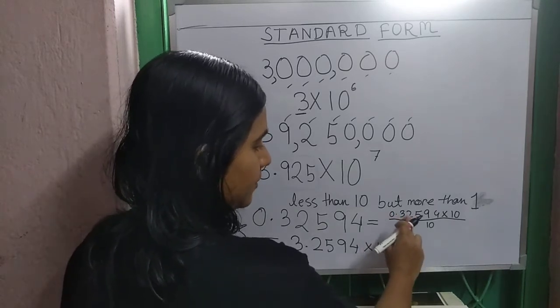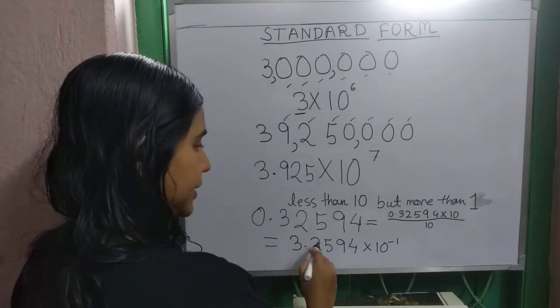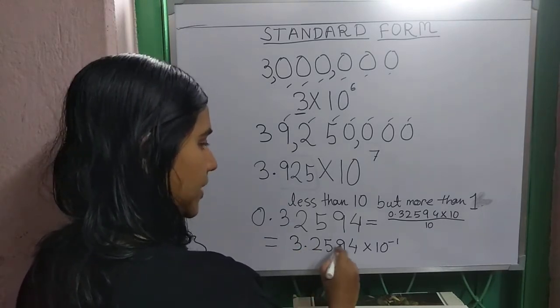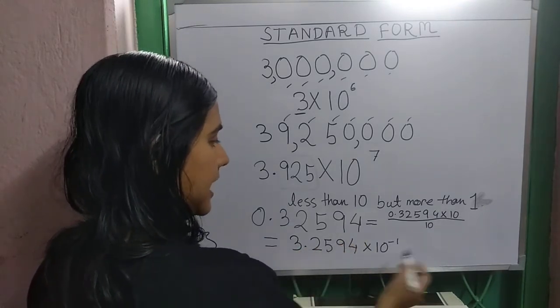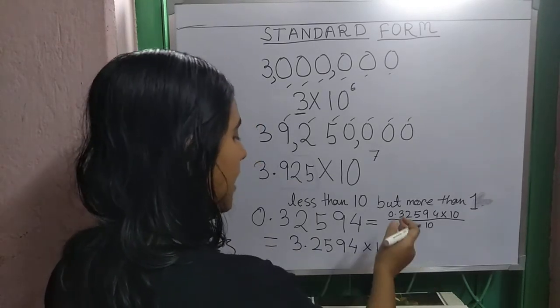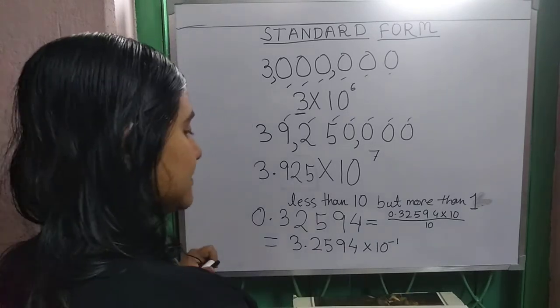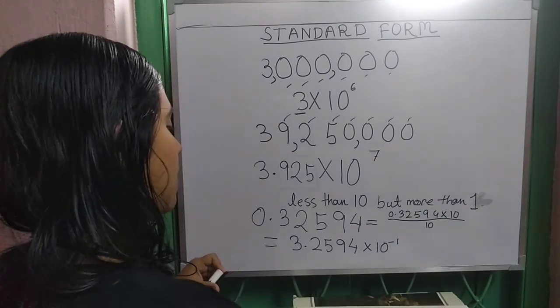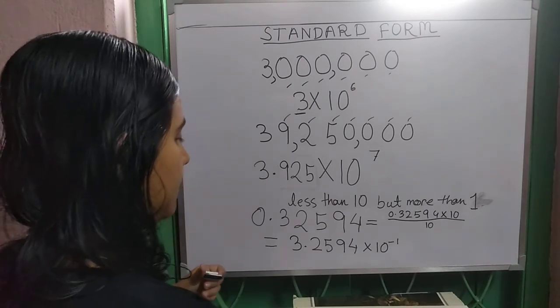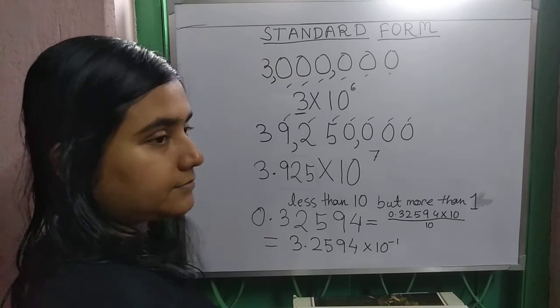So 0.32594 into 10 will become 3.2594, and this divided by 10 will become 10 to the power minus 1. So this will be the exponential form, or we can say the standard form of this decimal number.